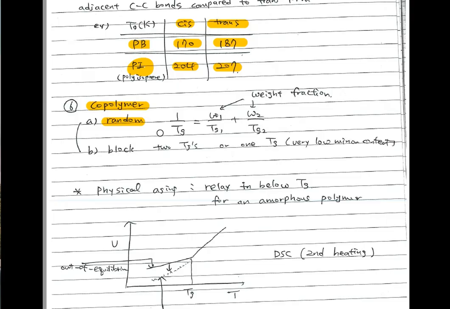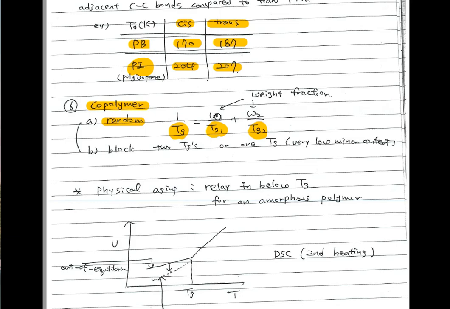So for example, if you have random copolymer comprising two different monomers, and the Tg of each of those homopolymers is Tg1 and Tg2, the resulting random copolymer has kind of average Tg, and based on this equation, you can calculate the average Tg.